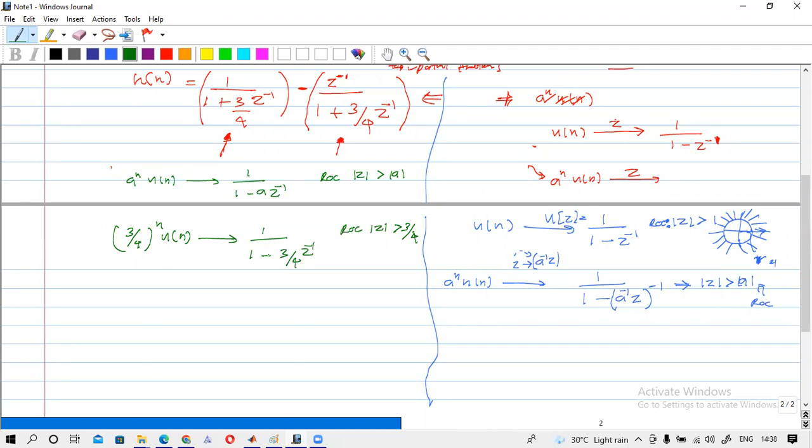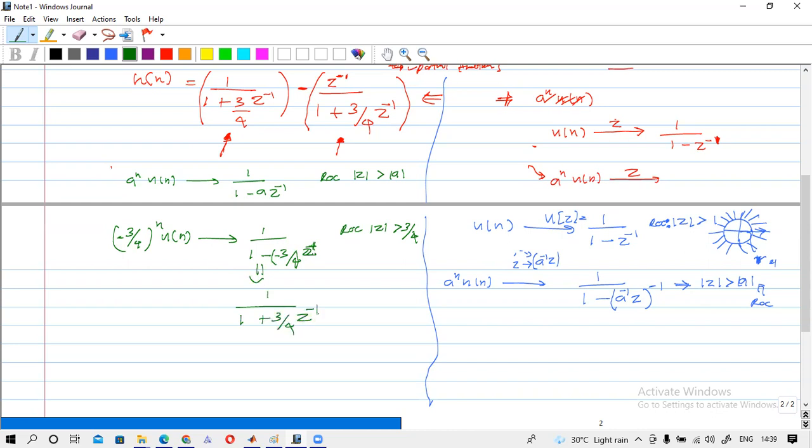Okay. So now I have to make this plus. So what do I have to do? If I put a minus sign here, this will be minus, okay, this will become minus 1, Z to the minus 1. So minus 1 will be plus. So you will have minus 3/4 Z to the minus 1, so this will become 1 plus 3/4 Z to the minus 1.